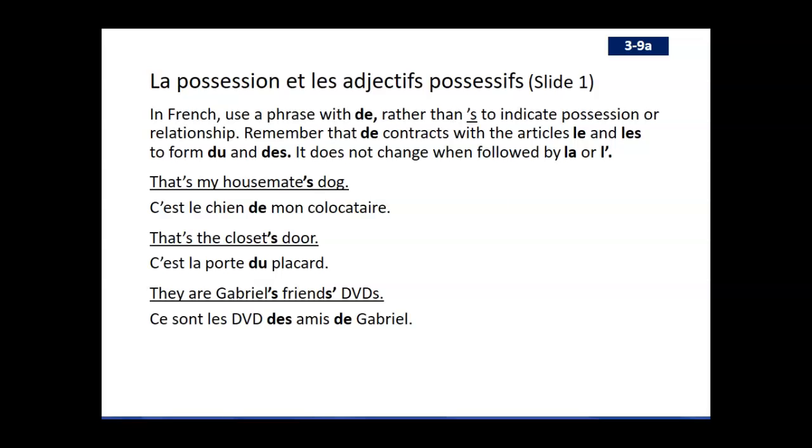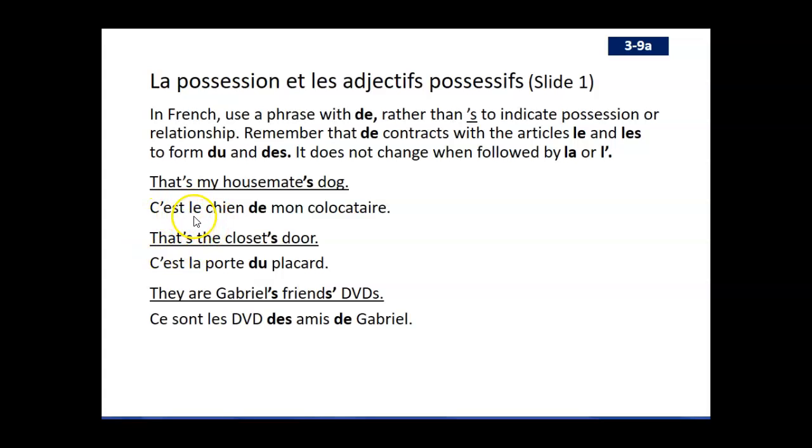So in this first example sentence, that's my housemate's dog. To show that the dog belongs to your housemate, you just stick an apostrophe s on this and it's all good. In French, it's a little different. Instead of using that word order, housemate's dog, we flip it around a little bit.